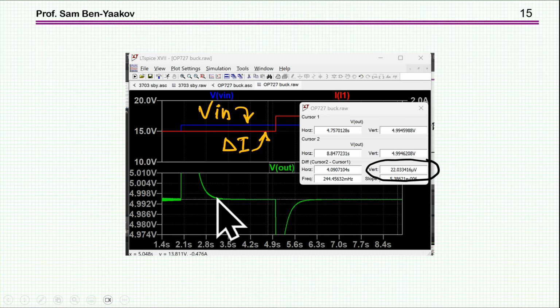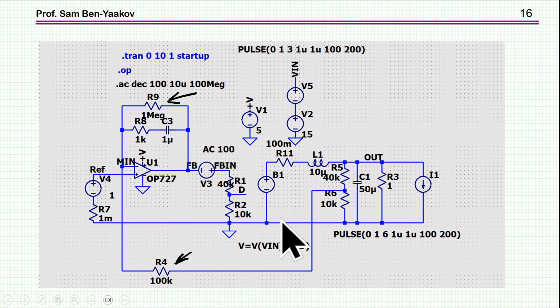So it works very good. We see that the high loop gain is really doing the job, and we are in good shape. What I didn't mention earlier is that I've put here a 100 milliohm resistance to represent the total resistance. So practically, the resistance seen from the input is the 1 ohm in parallel to this 0.1 ohm.